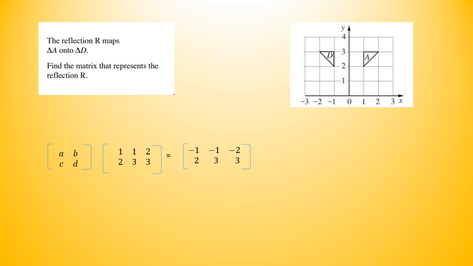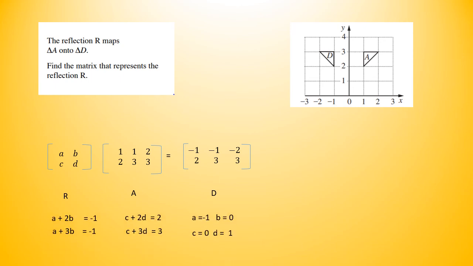You use R to transform triangle A, which has coordinates (1, 2), (1, 3) and (2, 3), onto triangle D, whose corresponding coordinates are (-1, 2), (-1, 3) and (-2, 3).